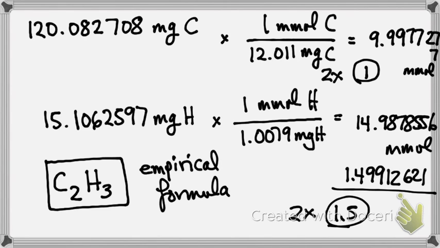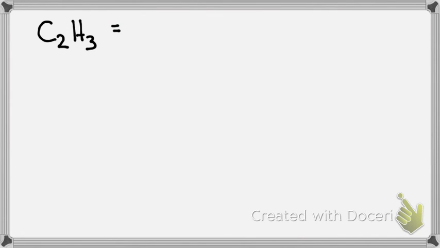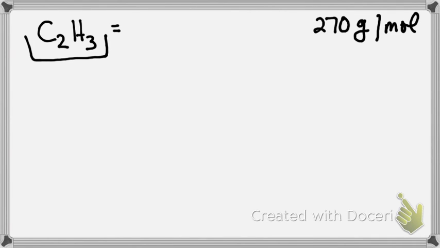Now, if we go back to the original problem, we were given the molecular mass, the molar mass, of 270 grams per mole. I also want to know what the mass of the empirical formula is.